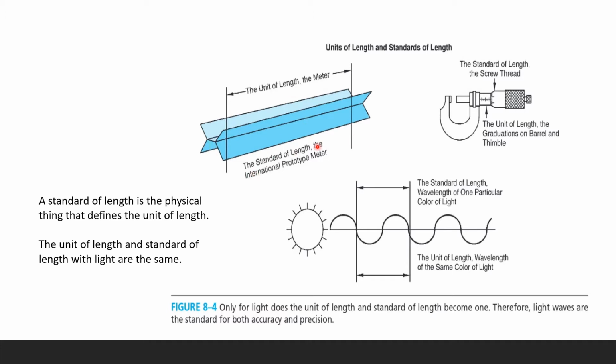So here, if we review the unit of length, then we should remember the standard of length is your international prototype meter. So here, the standard of length is your screw thread in your micrometer, and then the unit of length, the graduation on this barrel, and the thimble. So for light, they're the same because the standard of length, the wavelength of one particular color of light, is the unit of length, wavelength, again, of the same color of light. Okay.